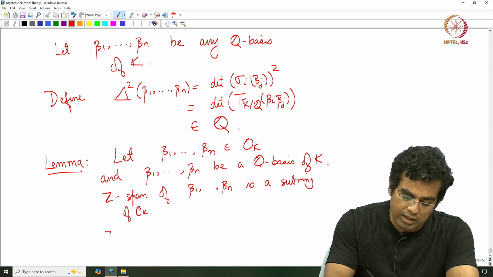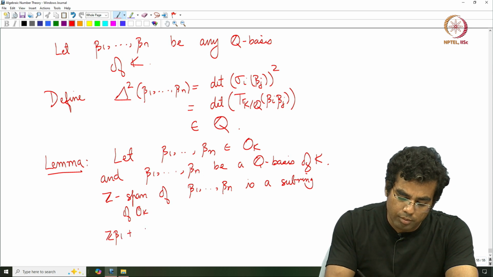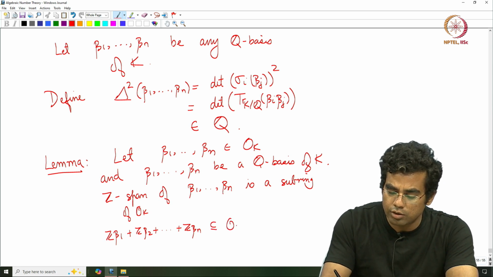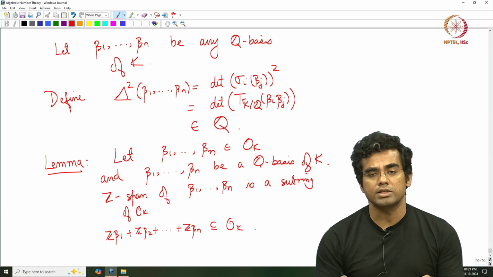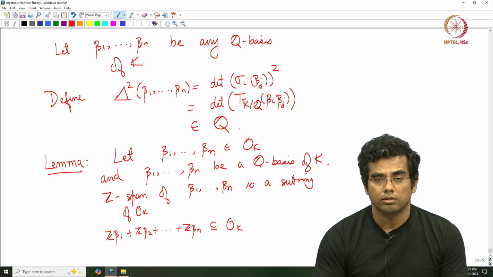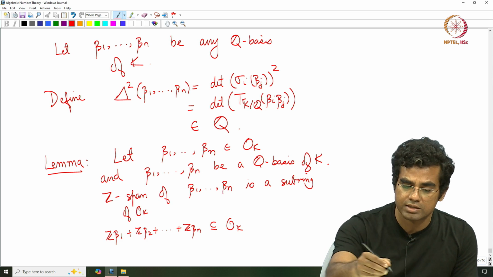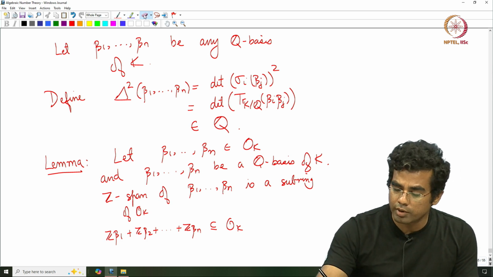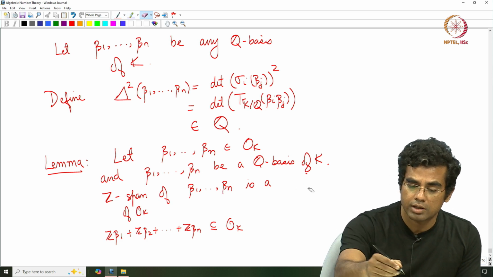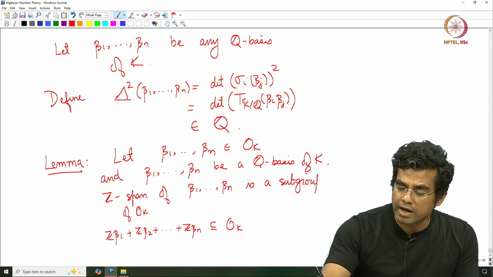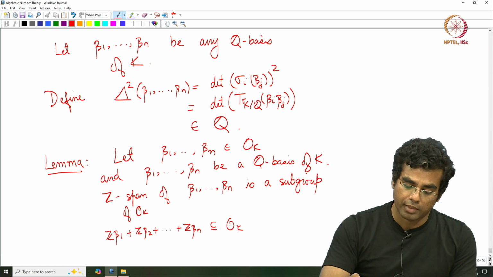What I mean is that Z beta 1 plus Z beta 2 and so on up to Z beta n, this is contained in OK, right. It is a subring. Okay, so, subring, well, let me just say subgroup, because ring you may require 1 to be there, is a subgroup. So, it is an additive subgroup of OK, all right.